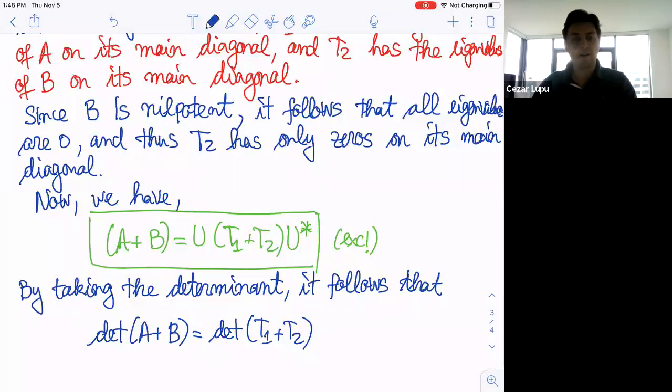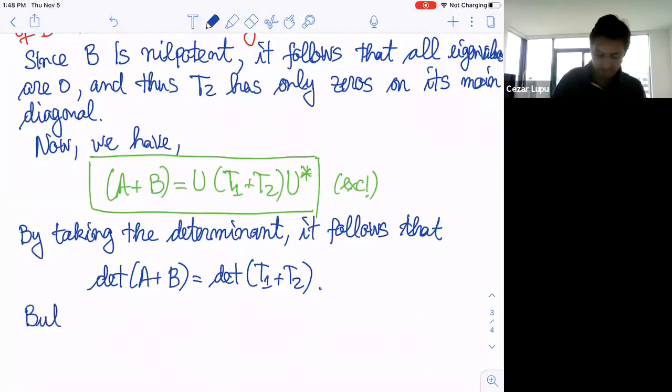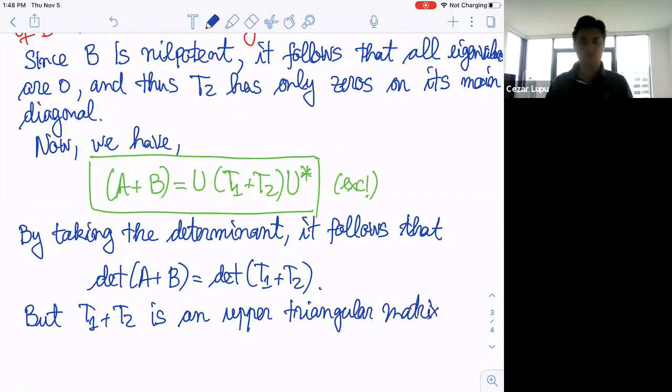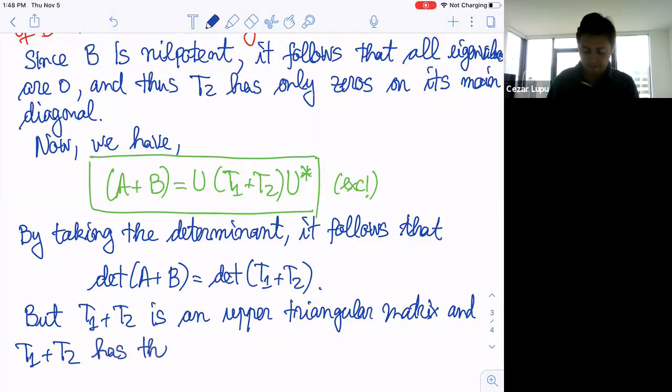We said that T1 has the eigenvalues of A, and T2 has the eigenvalues of B. But T1 plus T2 is an upper triangular matrix, and since the eigenvalues of B are 0, T1 plus T2 has the eigenvalues of A on its main diagonal.